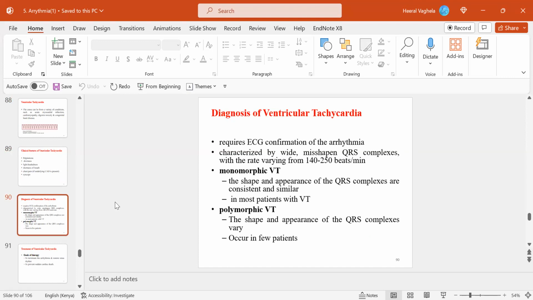Then you have the monomorphic ventricular tachycardia, where the shape and the appearance of the QRS complexes are similar throughout. But in polymorphic, the shape and the appearance of the QRS complexes vary. So it's the monomorphic ventricular tachycardia that's more common compared to polymorphic.